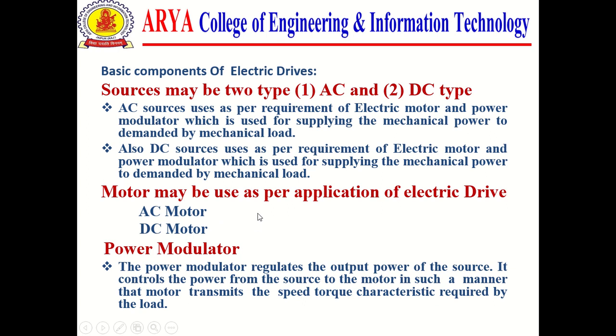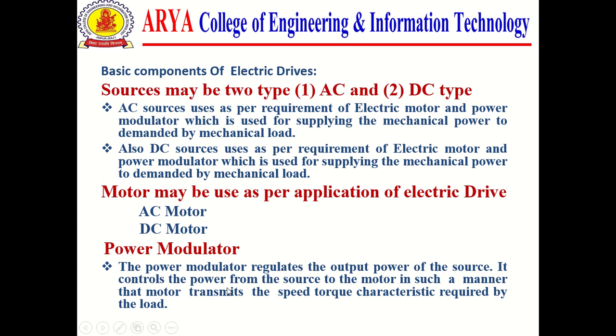So the next is the function of the power modulator. The power modulator is the most important or key component of the electrical drives. The power modulator regulates the output power of the sources.